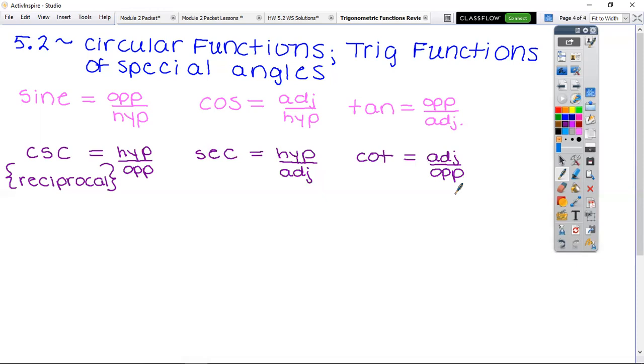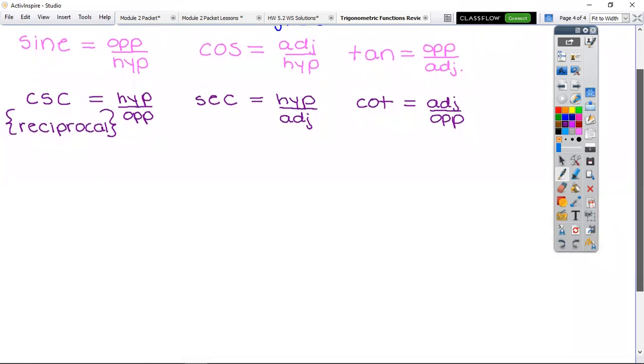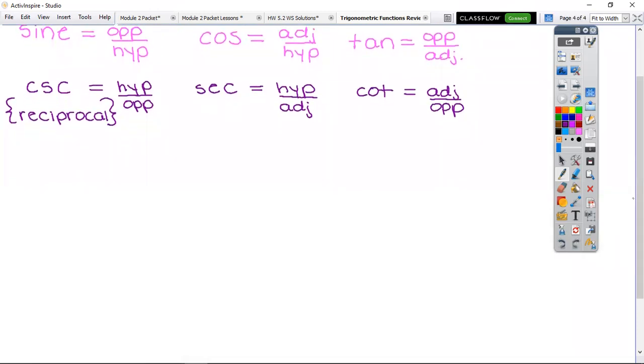So with that being said, your first question is going to be to find all 6 trig functions. So this is just like number 11 off your worksheet. So I will call this number 1 though. And your task is we are going to find all 6 trig functions.